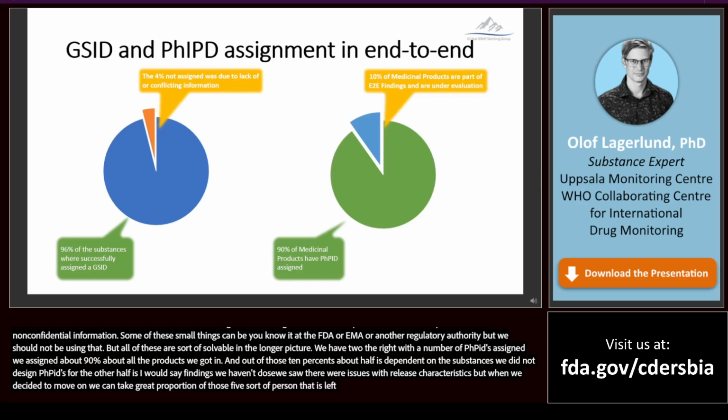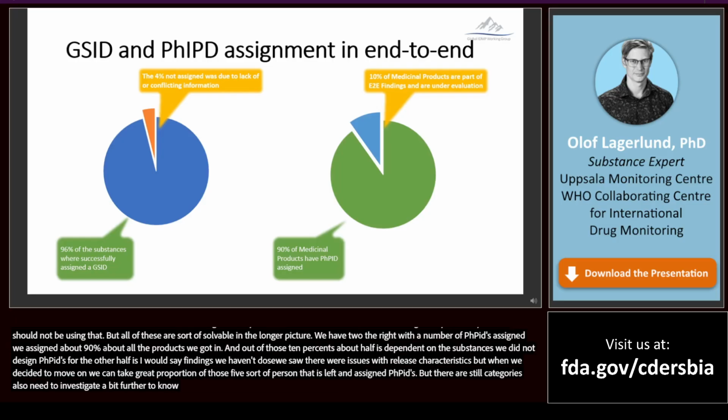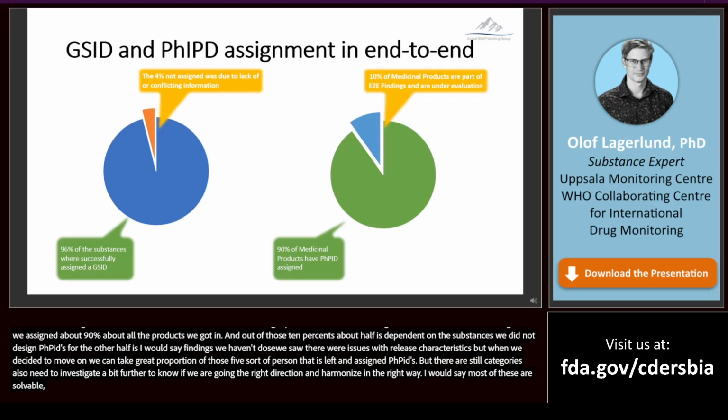But there are still some categories that we need to investigate a bit further to know if we're going in the right direction and harmonizing in the right way. But I would say most of these are solvable, and we will get there. So this is very positive. At the end, I could also mention that we didn't just take the easy chemical things.